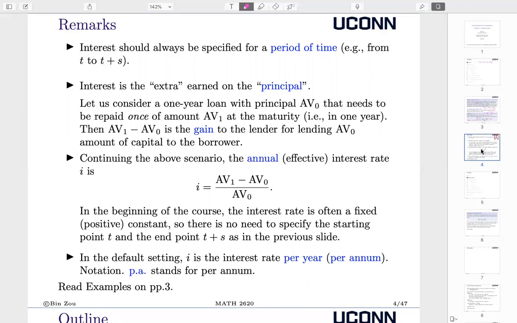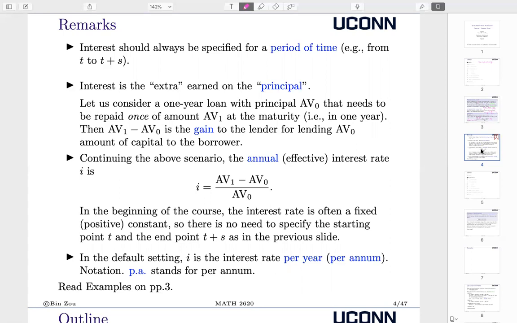The next paragraph is somehow more common. Okay, so let's consider a 1 year loan with principal AV0 that needs to be repaid at time 1. So all the payments are made at time 1, that is a so-called lump sum payment. AV1 minus AV0 is obviously the gain to the lender for lending a certain amount, here AV0 to the borrower, right?